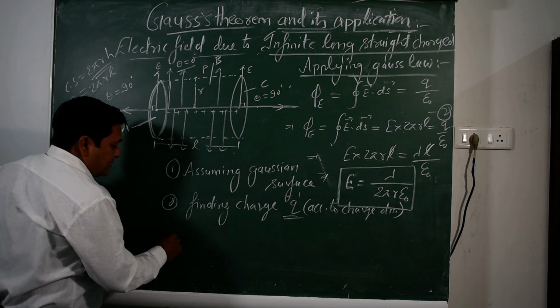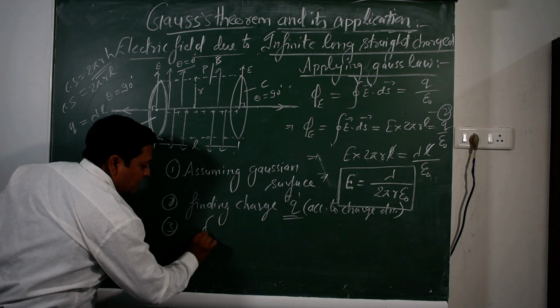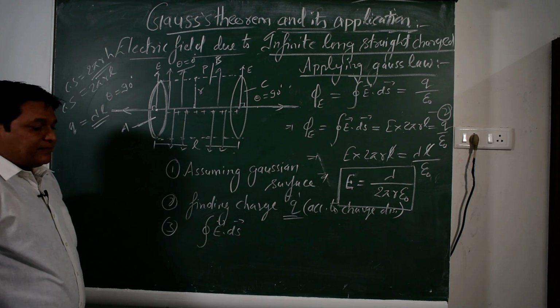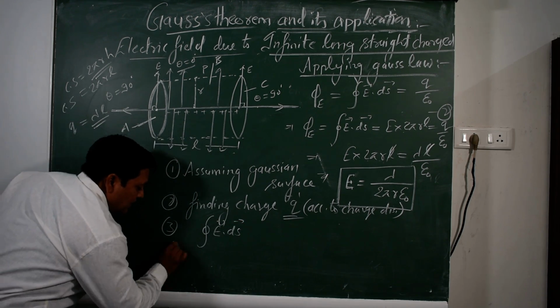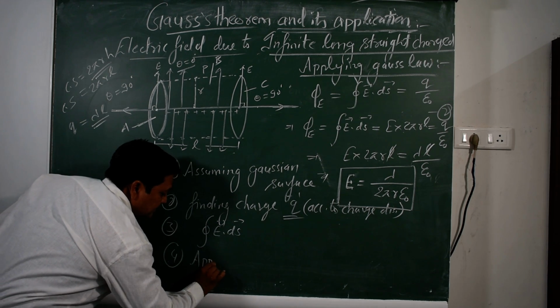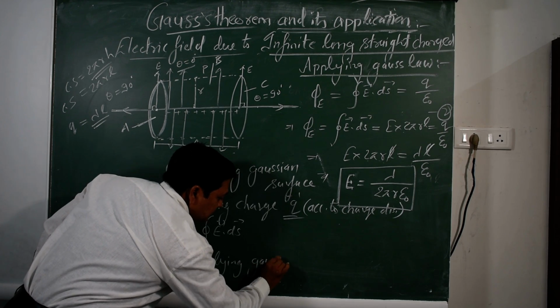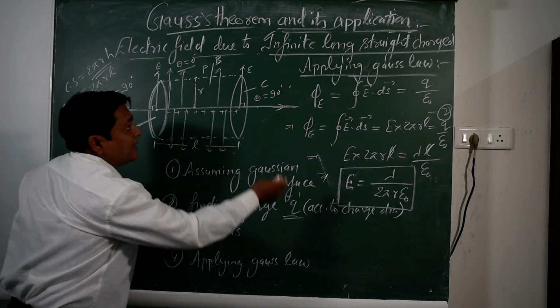Number 3, we have determined the total flux linked with the closed surface, E dot ds. Number 4, we apply Gauss law.